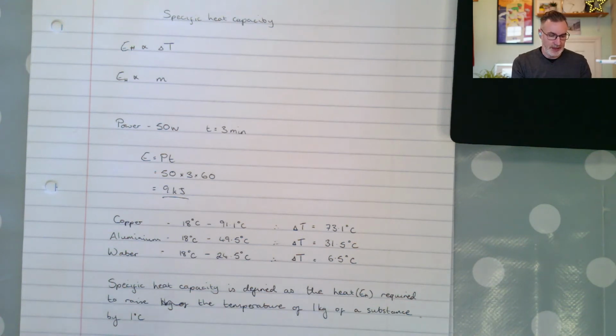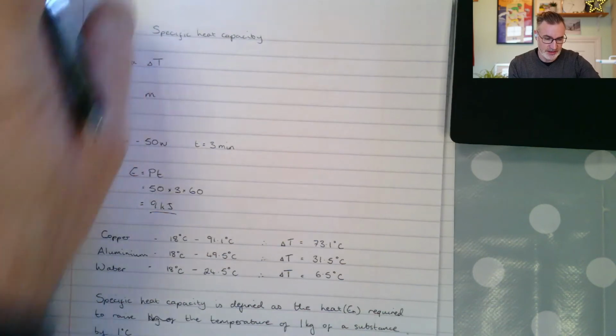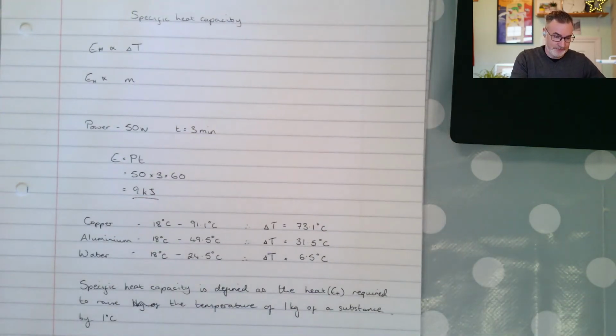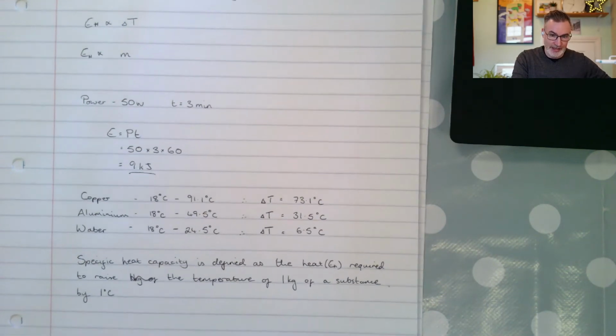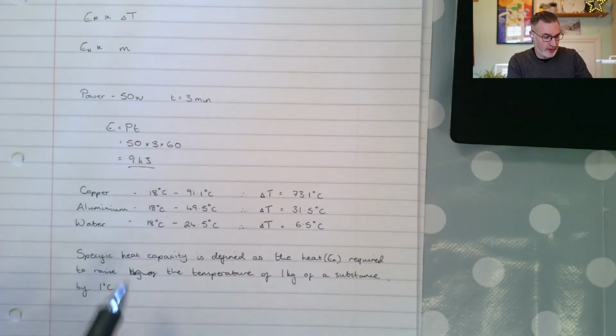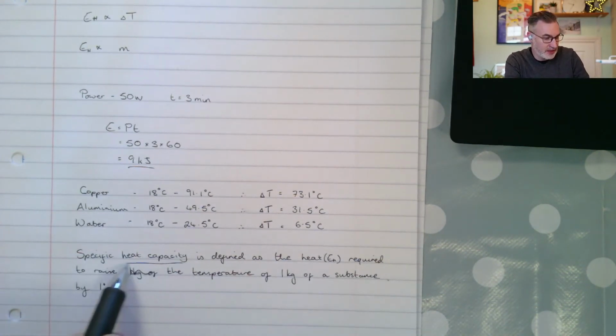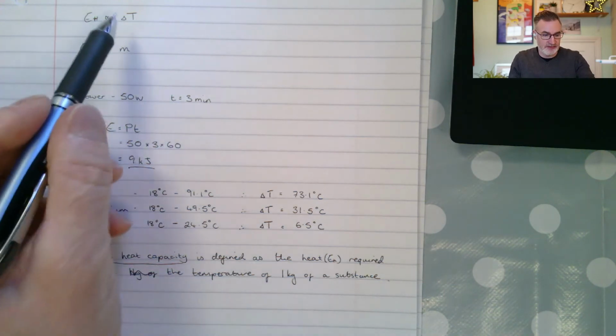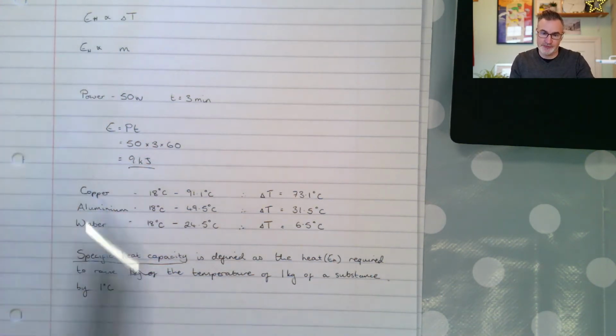Again, maybe not so obvious, but I guess it stands to reason that different materials will conduct heat in different ways. That you have something called specific heat capacity. And depending on the material will depend on how much energy it takes to affect that temperature change.